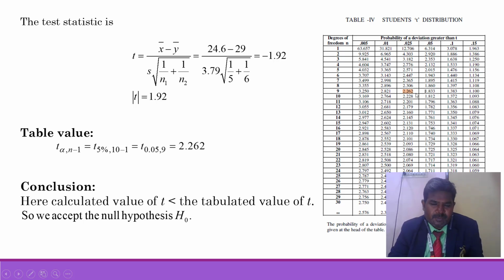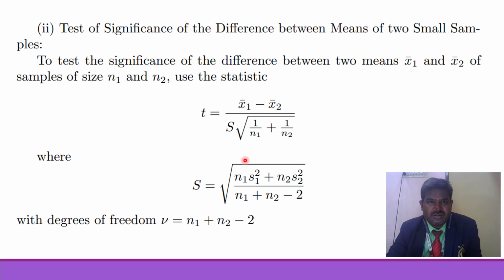Our calculated value is 1.92 and the table value is 2.262. So our calculated value is less than the table value. Therefore we accept the null hypothesis H0. That is, we go back to the problem and see that.